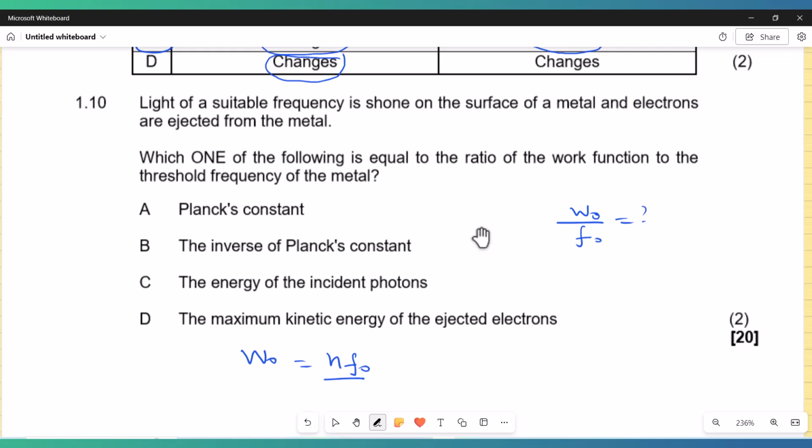So divided by the threshold frequency, our h indeed is the ratio of the work function to the threshold frequency. So in this case the answer is A. Alright, let us go to question 2. Hope we are still together.